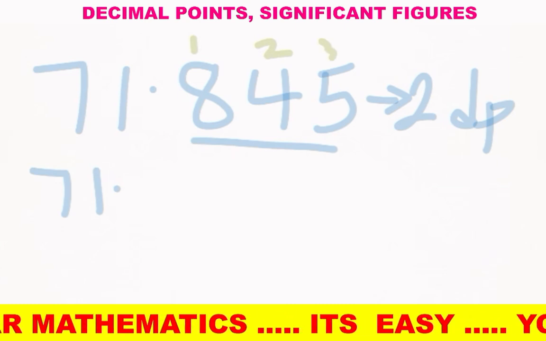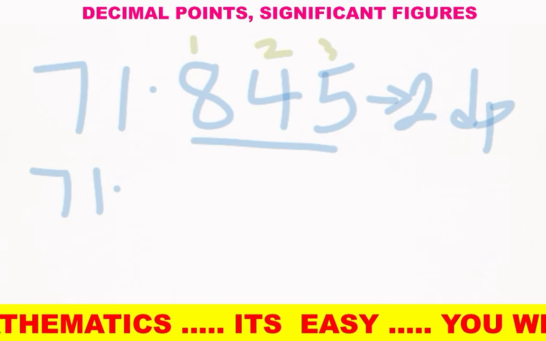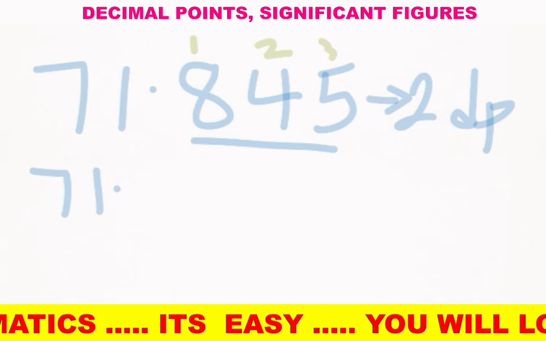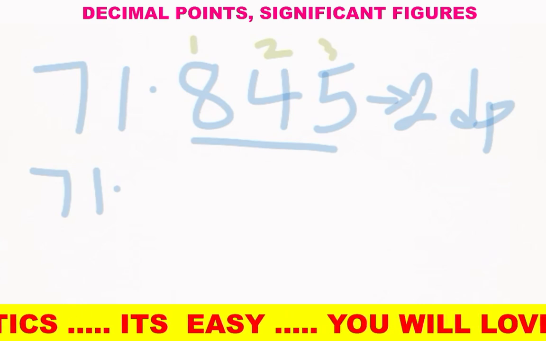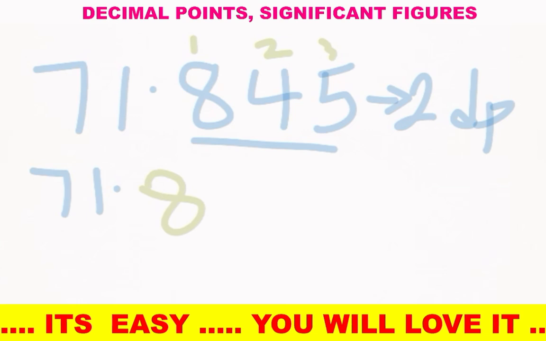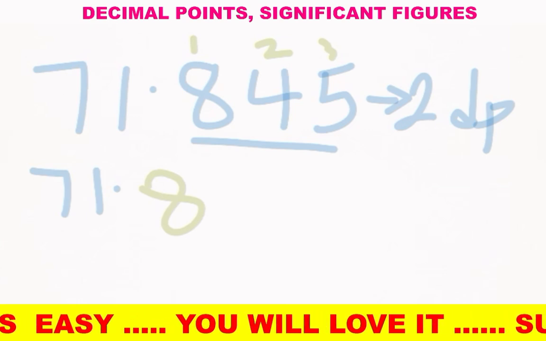Now our focus should be on the number at the second place, which is 4. And our focus should also be on 5, because they will be working hand in hand. So let's write our 8. After you write our 8, which number comes after the 4? It is 5.